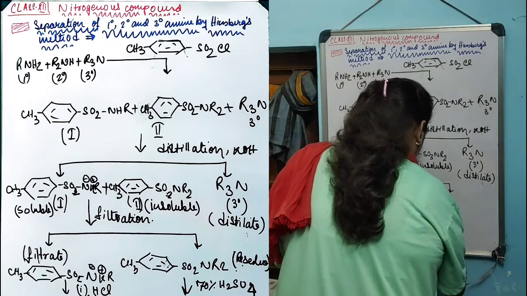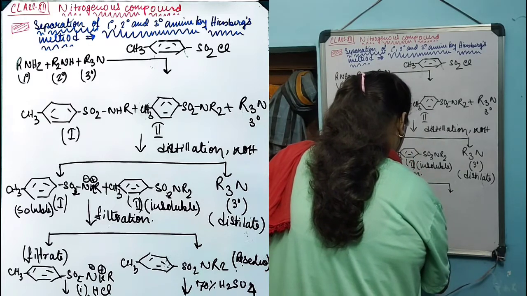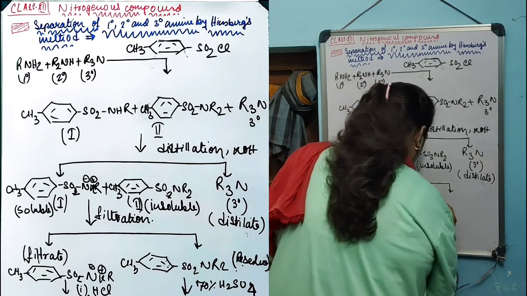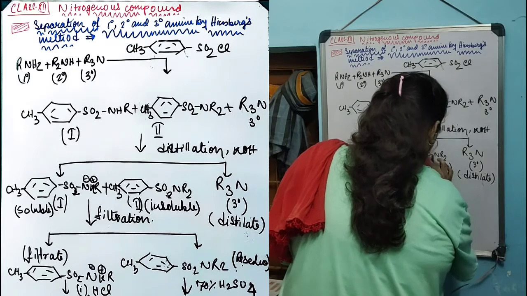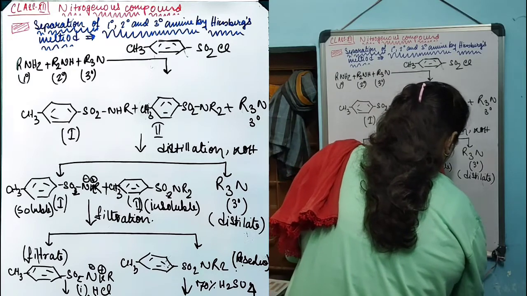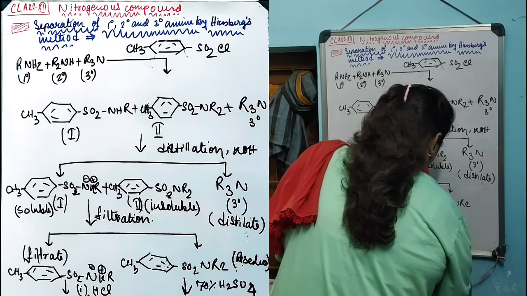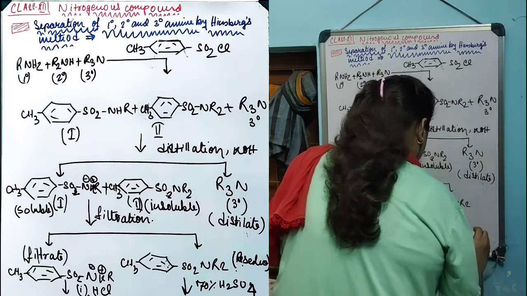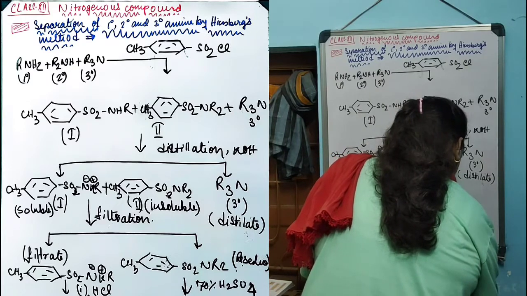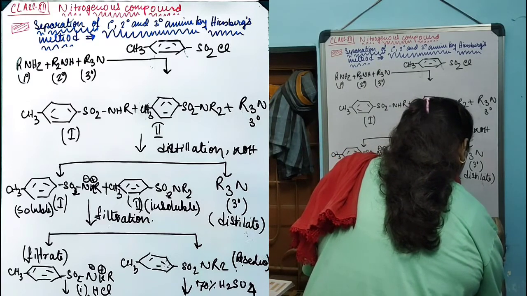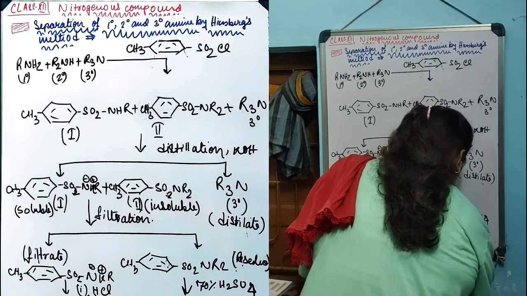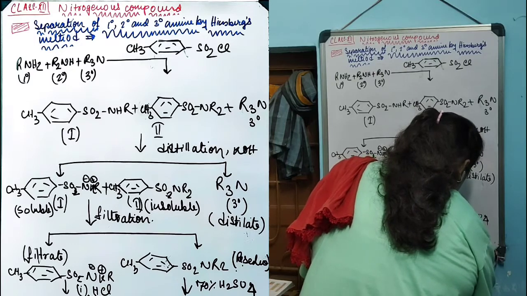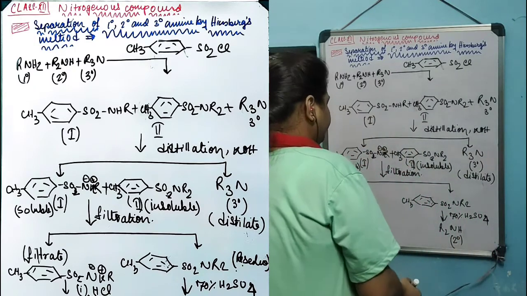This insoluble compound is separated out as residue because it is insoluble, and when it is treated with 70% H2SO4 solution, R2NH will be separated out of the medium.